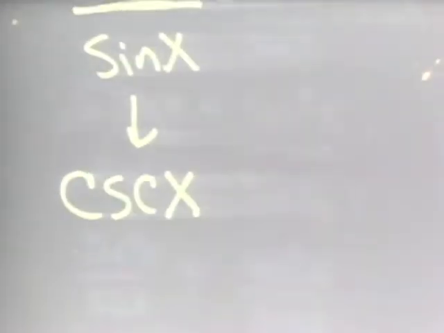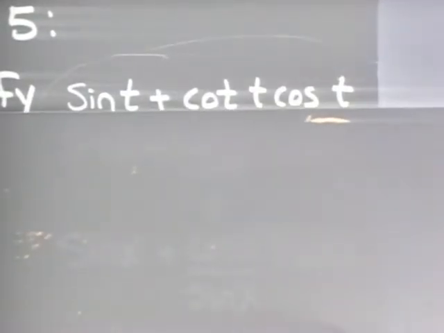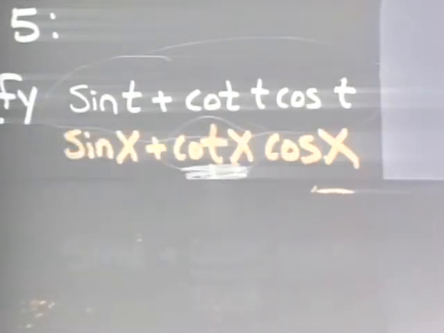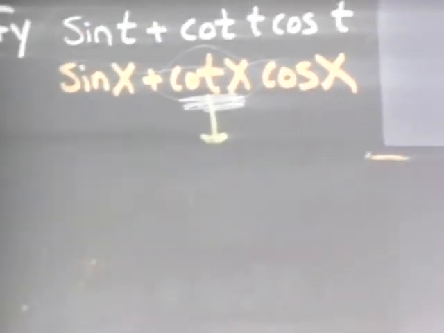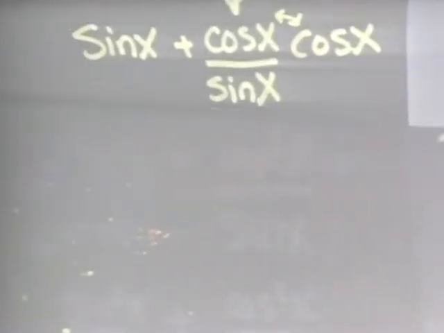We started out right here. We started out with this, and remember we were using t's at the beginning. And then we started out by changing the cotangent into cosine over sine, multiplied your cosines in and made it cosine squared over sine.